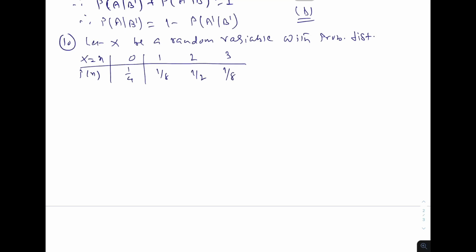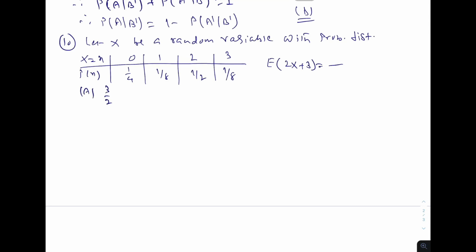So we are given like this. The question is, the expected value of 2x plus 3 is blank.